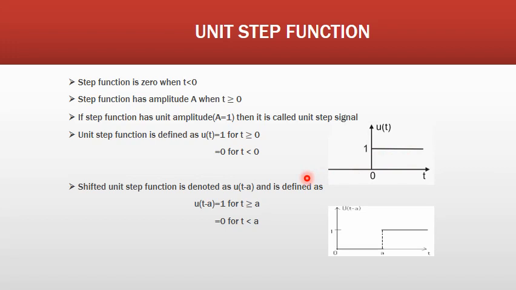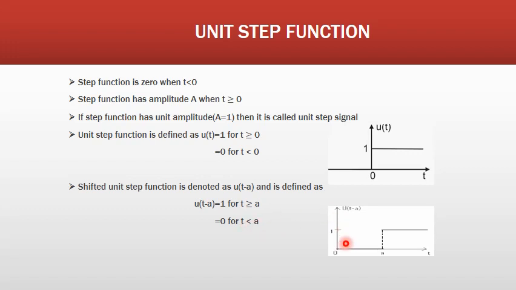Next, the basic step signal can be shifted right side or left side, and is called the shifted unit step function. It is denoted by u of t minus a, and it is defined as u of t minus a is equal to 1 for t minus a greater than or equal to 0, or simply t is greater than or equal to a, and it is 0 for t minus a less than 0, or simply t less than a.